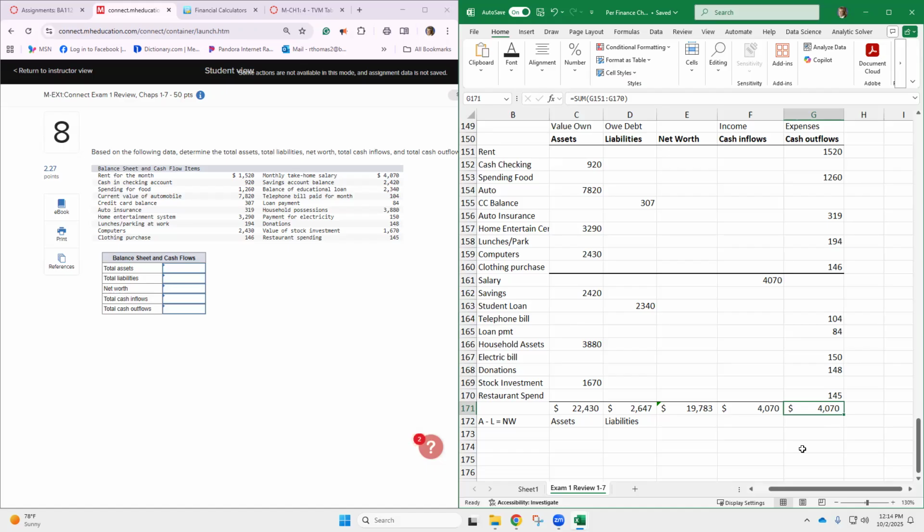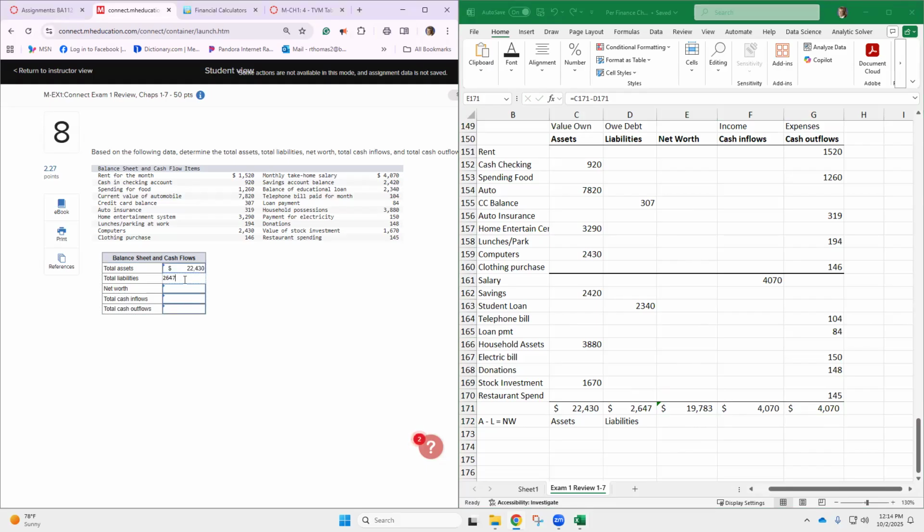But anyway, don't forget then your net worth is simply your assets minus your liabilities. It is not another column that you have to keep track of. It's just to give us a chance to find out what your net worth is. Okay, so now I'm going to put in my assets.